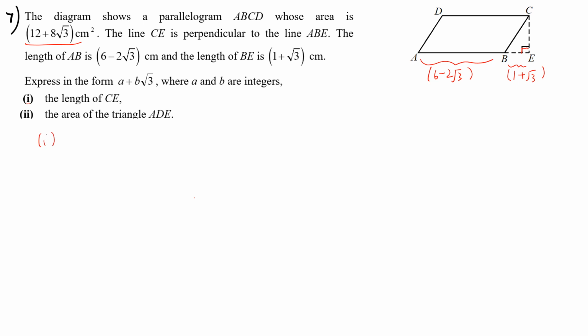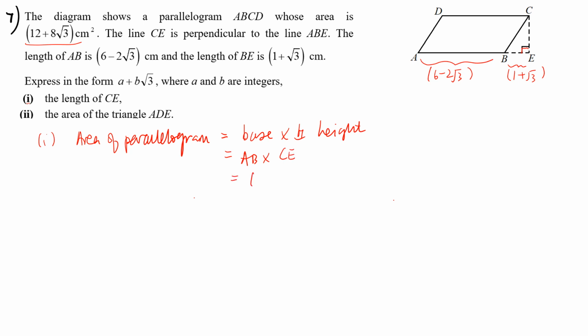Alright, so let's do a recall. How do you find the area of the parallelogram? Yes, area of a parallelogram is just base times the perpendicular height. So if you were to use the base as AB, the perpendicular height would be CE.